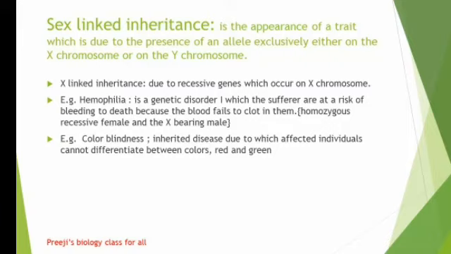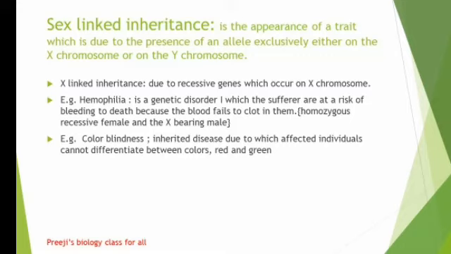The next one is color blindness. Like the same case, color blindness means they are not able to distinguish the primary colors red and green. They cannot identify them clearly, so they have color blindness. Such a condition is the same as hemophilia. Here also only the homozygous female will be the sufferer.